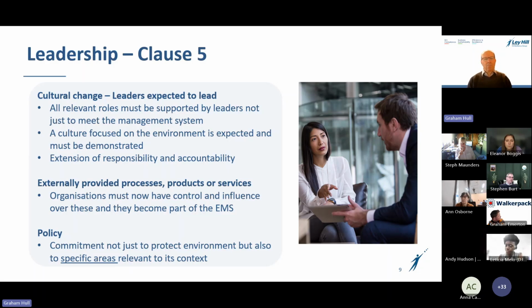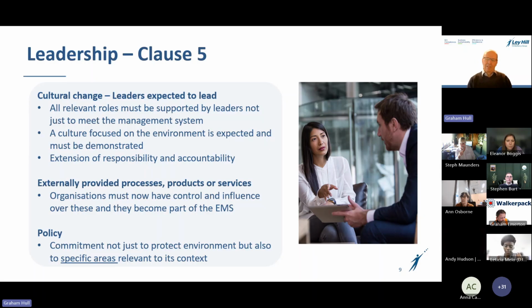So if you have somebody doing something in a particular factory or a particular operation, you've got to support them as a leader and make sure they've got the resources to do the job. We don't want them to be just left on their own, because now the leaders are expected to show that commitment that they are trying to really focus on the environment and demonstrate it through the appropriate roles and responsibilities of people elsewhere in their organisation.